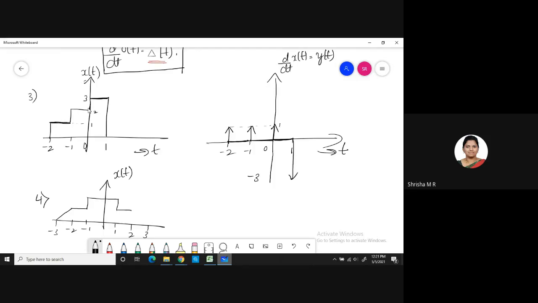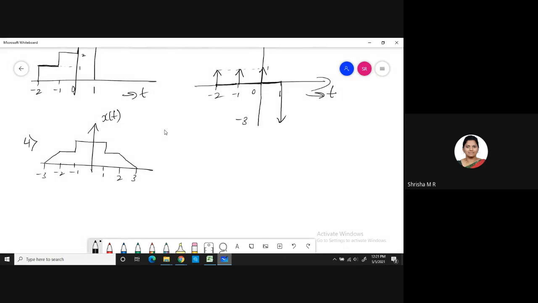The signal is constant, again you have a step. So differentiation of this: this signal has both unit step and unit ramp. So d by dt of x of t would be 1, 2, 3, -1, -2, -3. So from -3 to -2, you have a ramp.